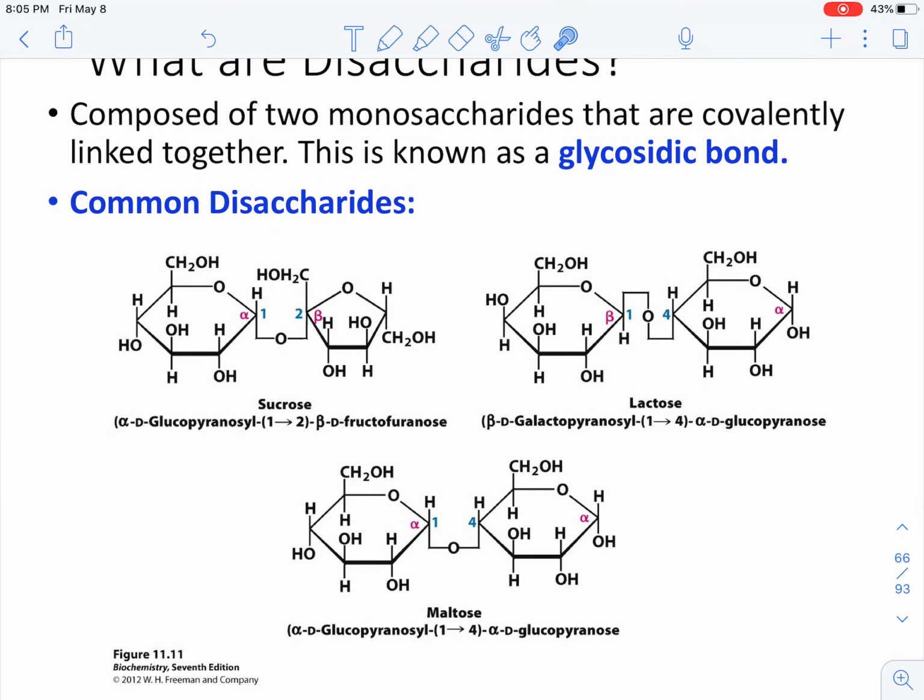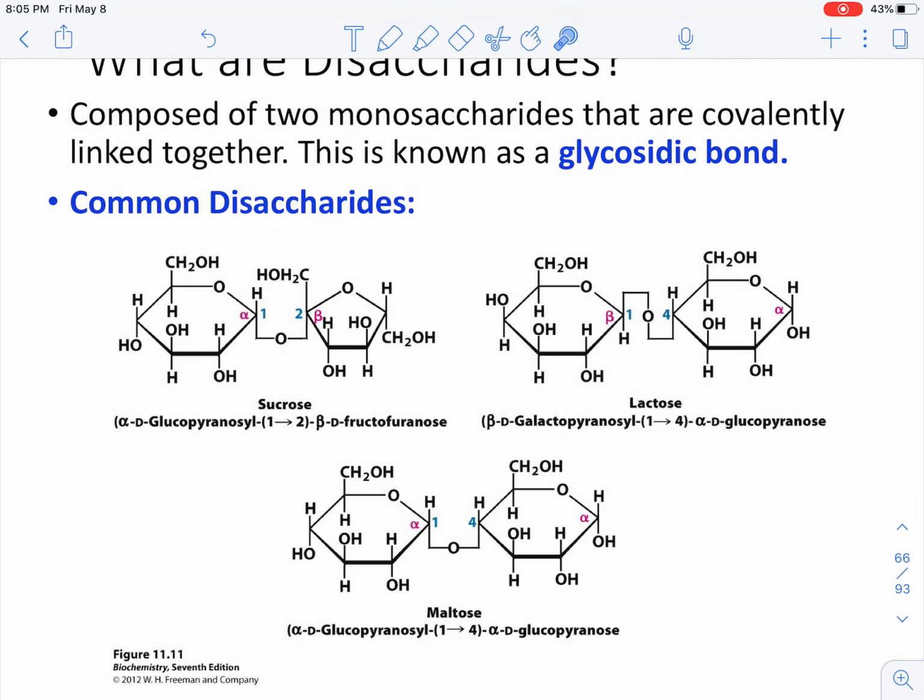The first disaccharide that I want to discuss is lactose. Lactose is a disaccharide found in milk and milk products, and it contains two specific sugar subunits, galactose and glucose. I'm going to scroll up again and circle that this is lactose.